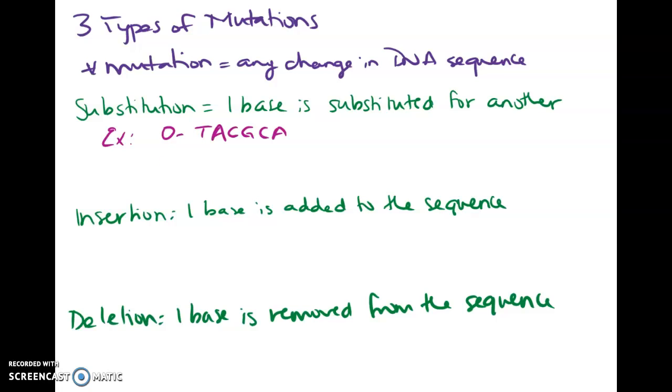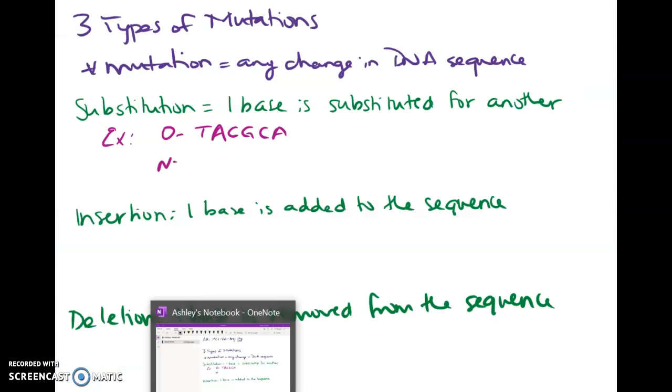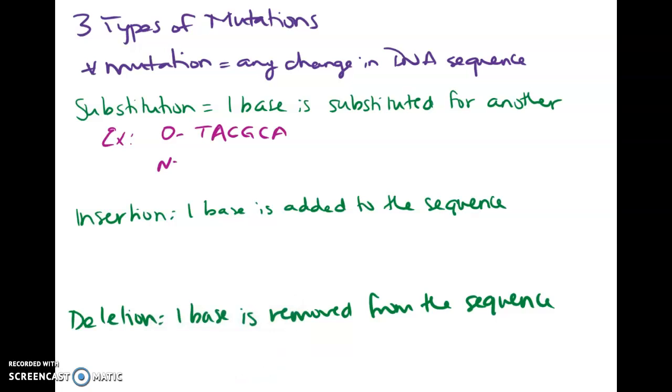Then with replication, a mistake was made, and so our new strand, instead of a T being there, could have been switched to an A, and then we would have A, C, G, C, A. So just to recap, our original strand was TACGCA, and our new strand, instead of that T, would be AACGCA.